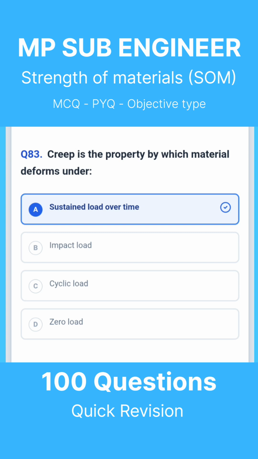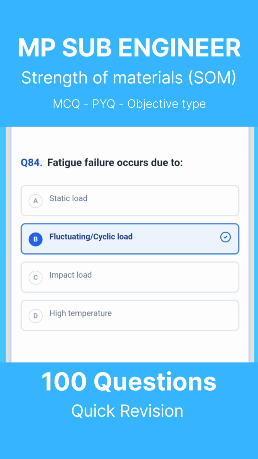Question 83. Creep is the property by which material deforms under. The correct answer is sustained load over time. Question 84. Fatigue failure occurs due to. The correct answer is fluctuating or cyclic load. Question 85. Endurance limit is associated with.